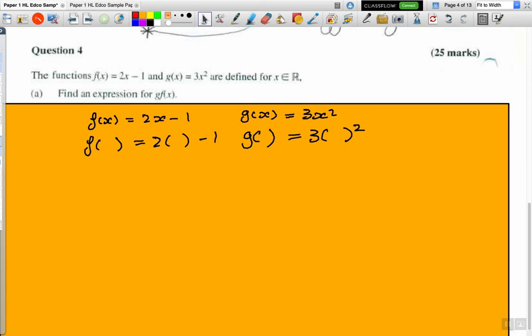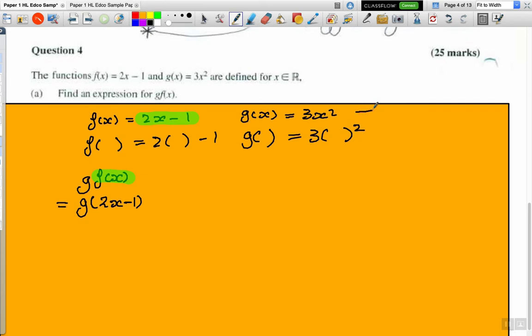So we write down here where we've got g f of x, and the first thing we are going to be working out is f of x. But we know what f of x is. F of x is equal to 2x minus 1. So therefore we can now do g on, well, what is f of x? We've just highlighted it. It's equal to 2x minus 1. So that's done. Now we're going to be doing the g of x.